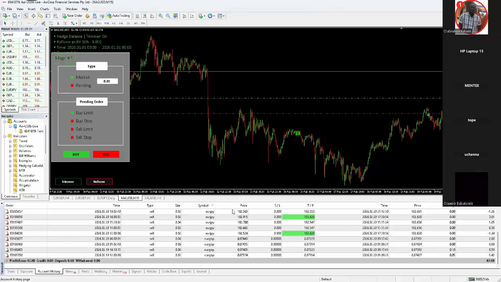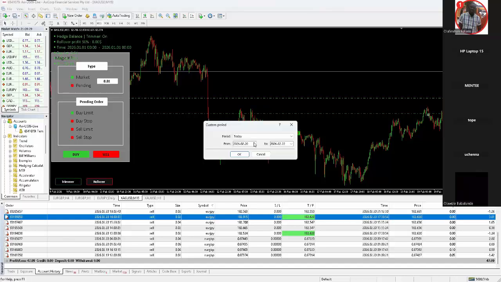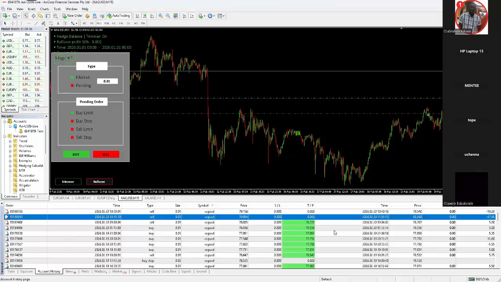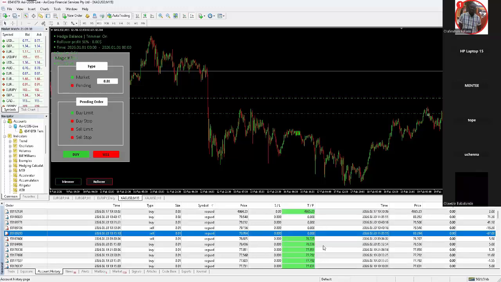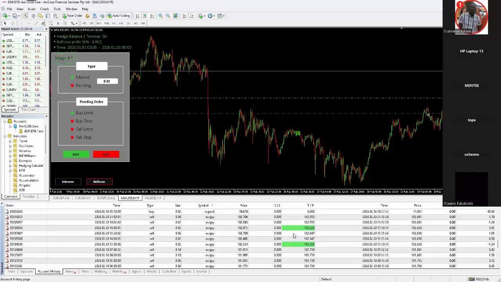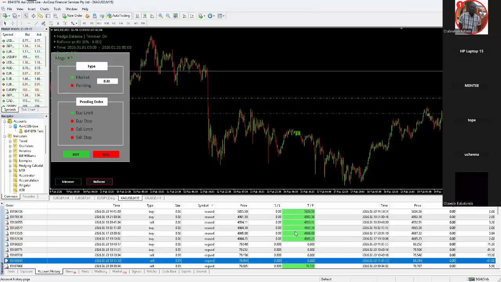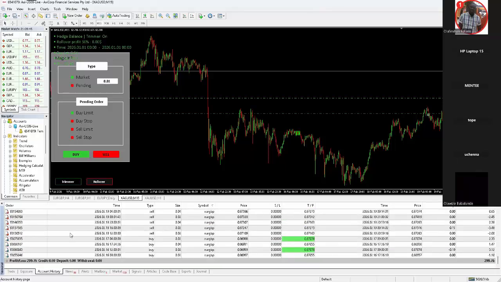Okay, so it did $47 today. Now let's look at what the robot and the trimmer did from Monday, when I put it on this account. Monday the 16th to today. You can see all these green ones are the fully automated robot trading. And if you come down here, it's very amazing. This robot and trimmer did $299 on this account for this week.